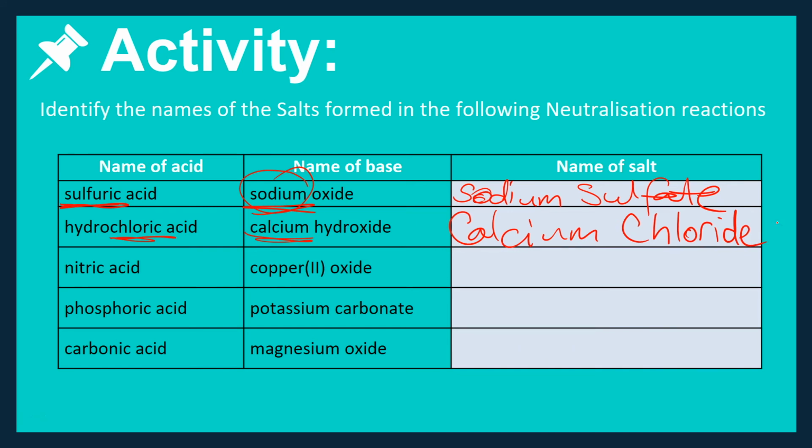There you go. All right, number 3, we'll quickly look over here. Our metal is copper, so we'll pop that in. And nitric acid, if you look on the table before, nitric means it has a nitrate. All right, number 4, potassium is our metal. And phosphoric gives us phosphate for the negative ion.